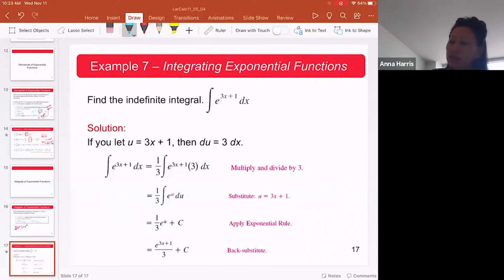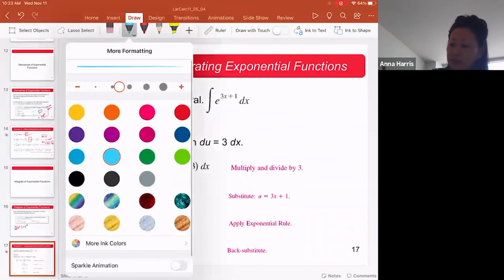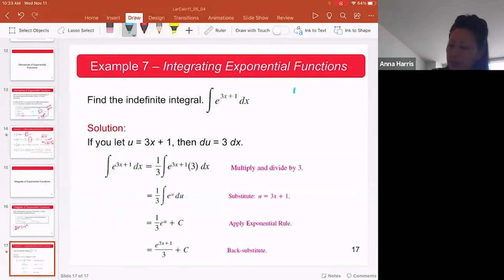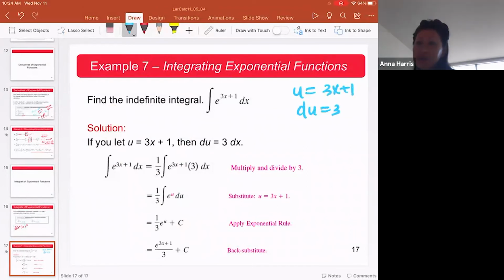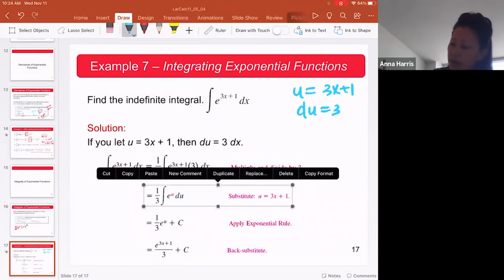All right, so this is a good example right here. I can say my u in this case is equal to 3x plus 1, and du is equal to 3. So if I have a 3, then I can just simply take the derivative of this.